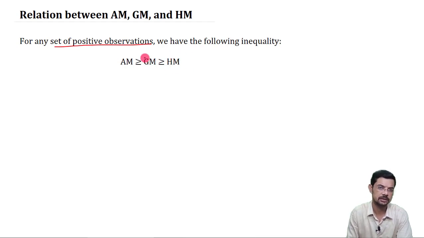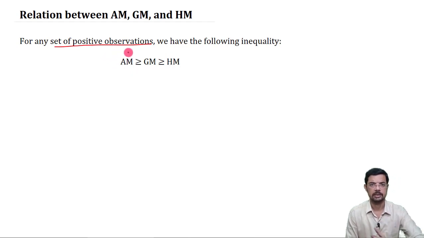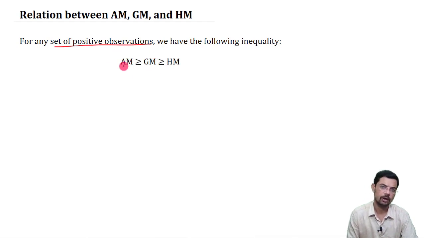So this relation exists only for positive observations. For any set of positive observations we have the inequality that arithmetic mean is always greater than or equal to GM, which is greater than or equal to HM. That is, the harmonic mean will be the smallest and the arithmetic mean the largest, and GM comes in the middle.